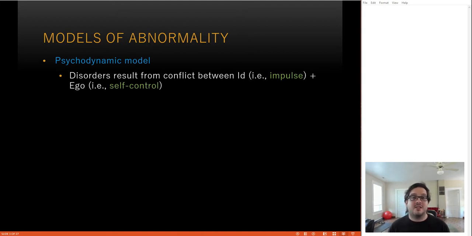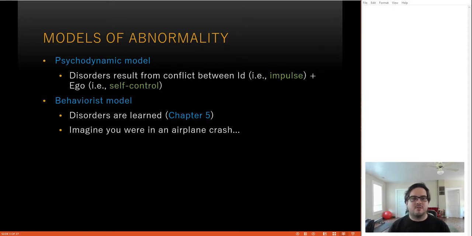An excess of self-control is usually what leads to something like an anxiety disorder, where you are consistently trying not only to control yourself, but perhaps the people around you, the environment around you. You need to have everything to be in a particular place at a particular time, and any deviation from that causes an excessive amount of anxiety. That is an excess of your ego, or an excess of this self-control tendency. So these things should be in balance, and when they are not, that leads to disordered behavior and thinking.